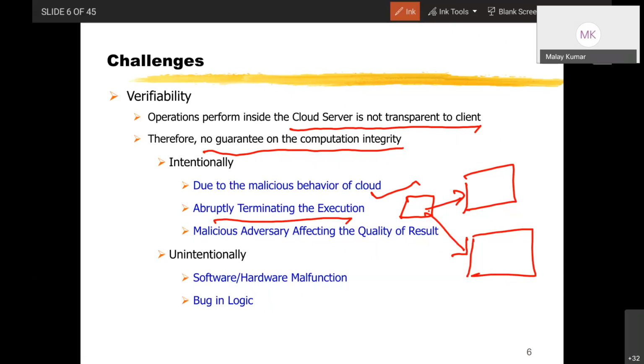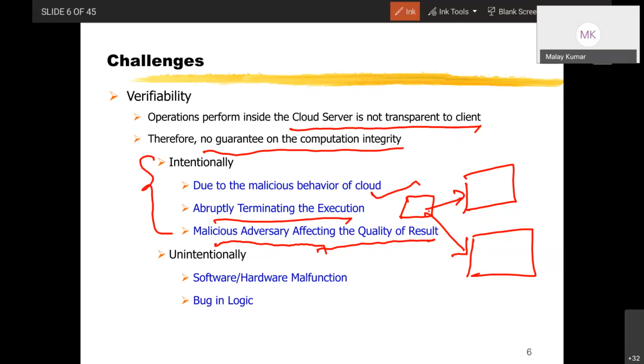Further, it may be possible that some malicious adversary which exists in the cloud environment is affecting the quality of the result. So these are intentional deviations from the quality of the result.